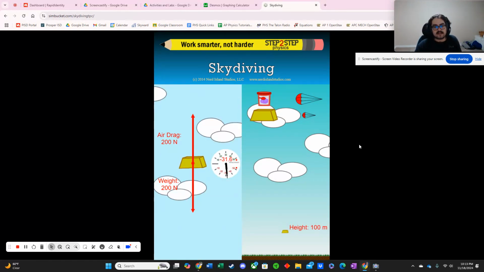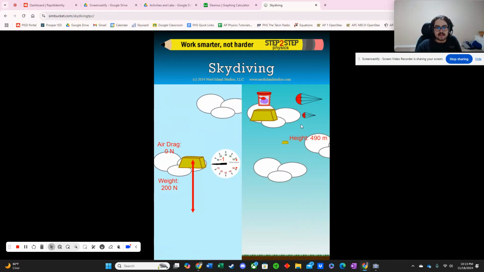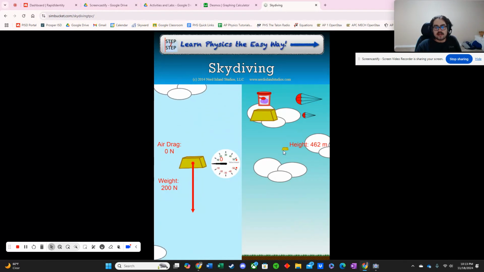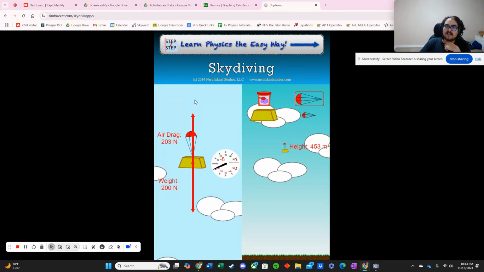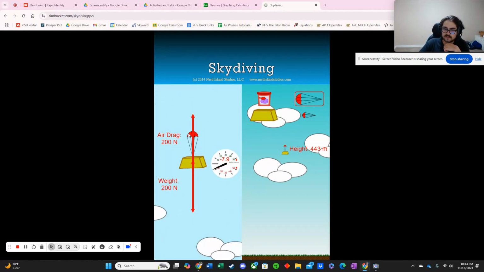Now, here's the thing to consider. If I throw on the parachute, you're going to notice that immediately the drag force is going to skyrocket and the weight is going to stay constant. So as soon as I let go of it and then throw on the parachute, boom, you have this massive skyrocket of drag force as it falls.